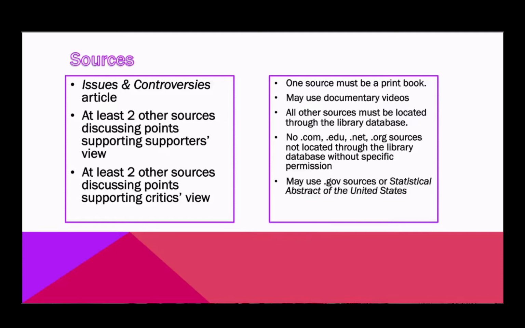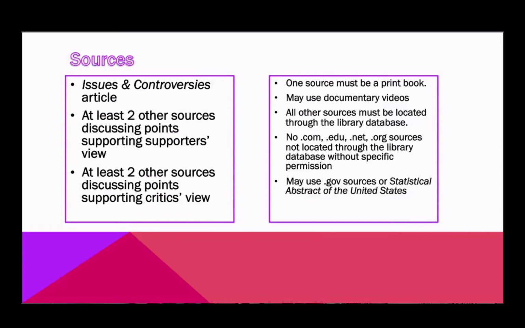For example, if you want to know the median income broken down by state or by level of education or by gender or by race or ethnicity, StatsAbs is a great place to go to get that information.